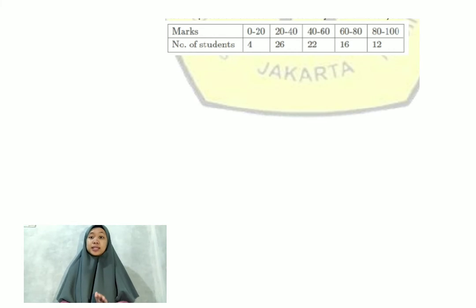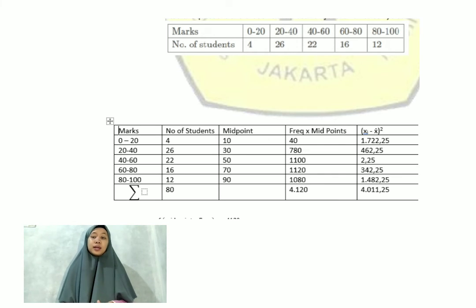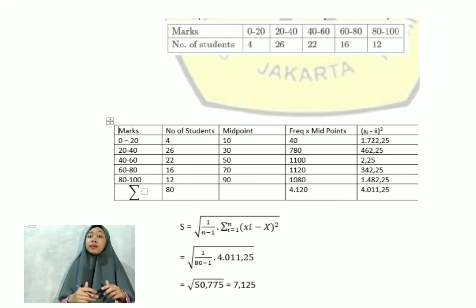The last is the standard deviation, which equals the root of 1 over (n minus 1) times the sigma of (x_i minus x bar) squared, as i goes from 1 to n. So we must find (x_i minus x bar) squared.